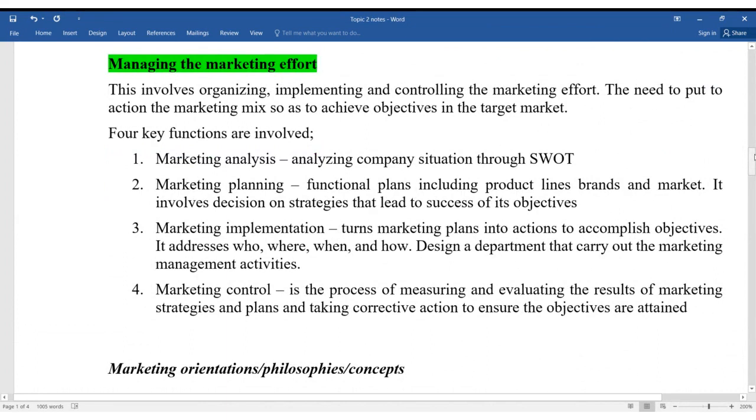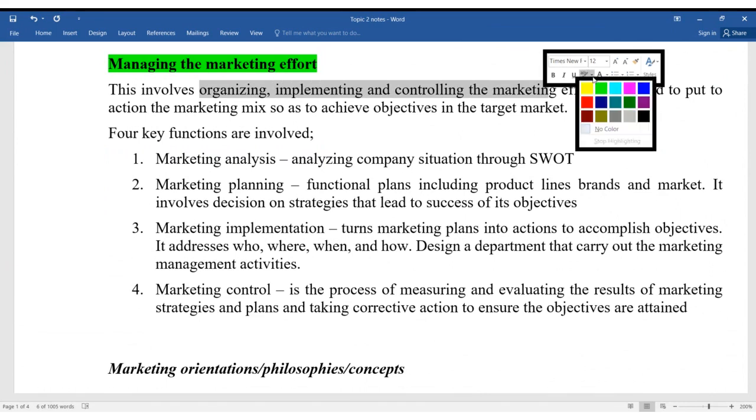So management of the marketing effort requires organization, implementation, and control of marketing activities.